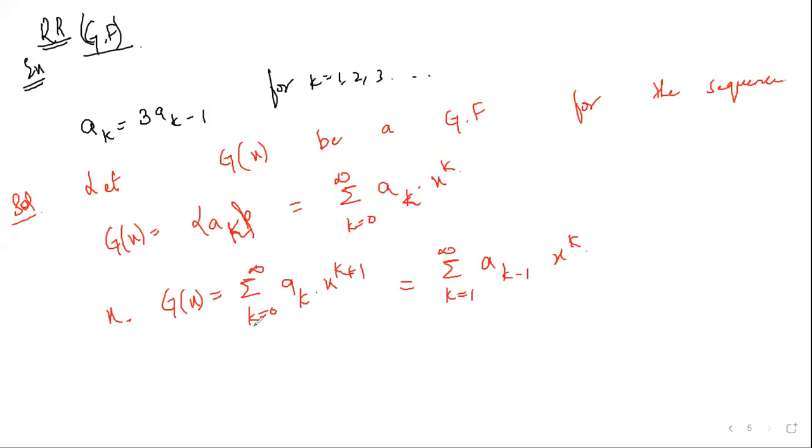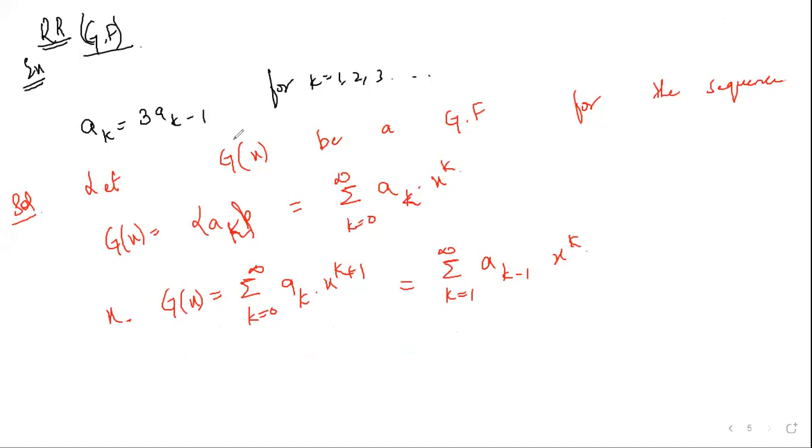Now why did I change this? If you write k is equal to 0 to infinity, you will have a naught x power 0 plus 1, which is a naught x. Or you can have k is equal to 1, 1 minus 1 is again a naught, x power 1 is again x. So they both mean one and the same thing, but you will understand the reason in the next step.